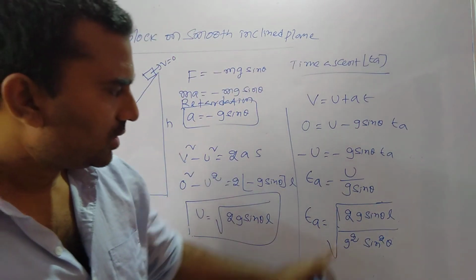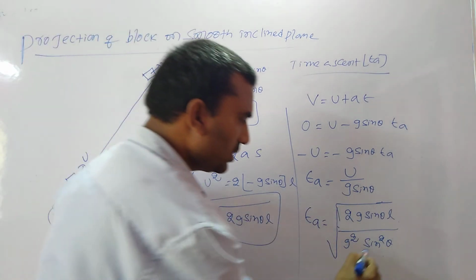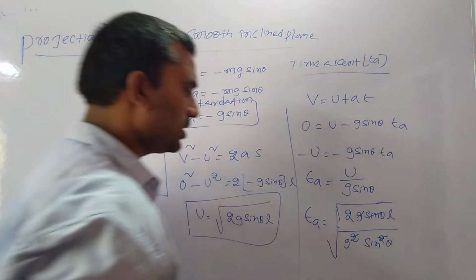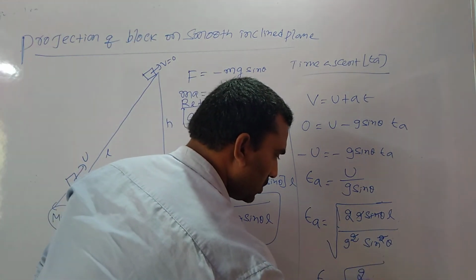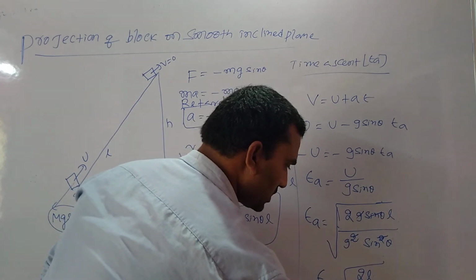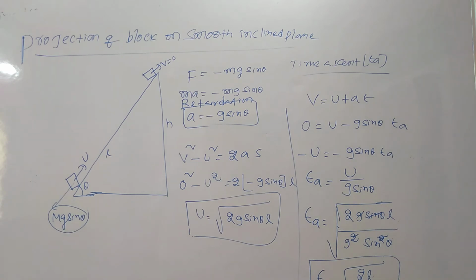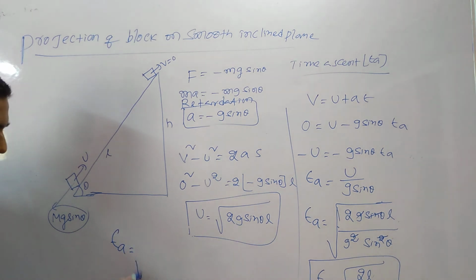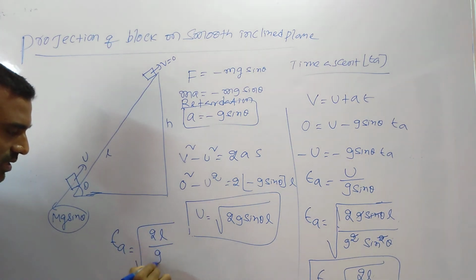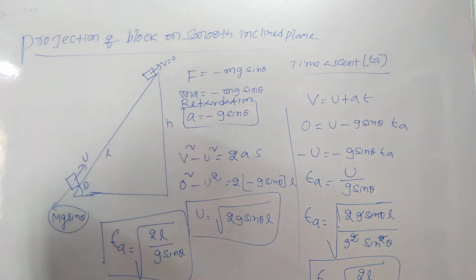One sin cancels, one g cancels. Then time of ascent is under root of 2L by g sin theta. So here we got the time of ascent formula, T A is equal to under root of 2L by g sin theta. What is the time of descent formula?